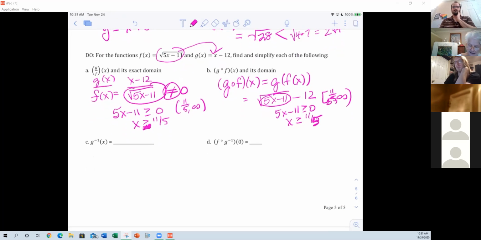Inverse of g of x. Switch the x and the y. Solve for y. Then this says f of g inverse of 0.